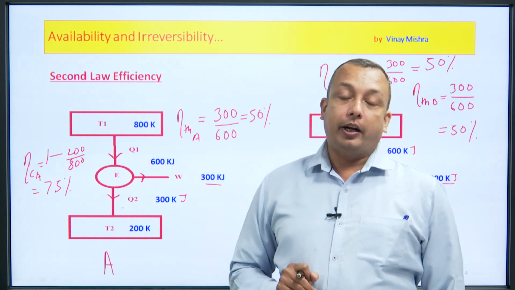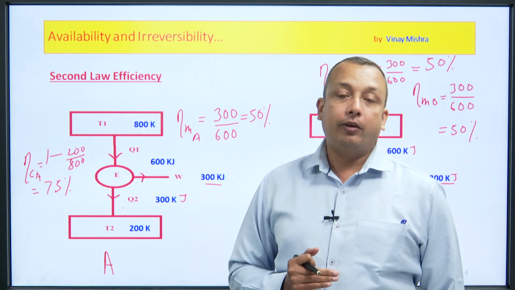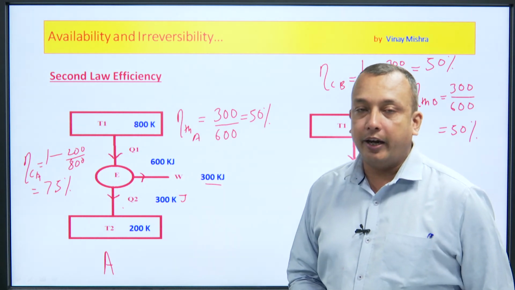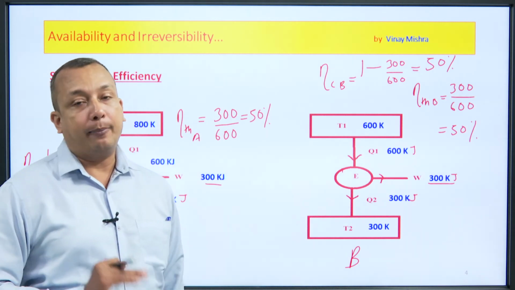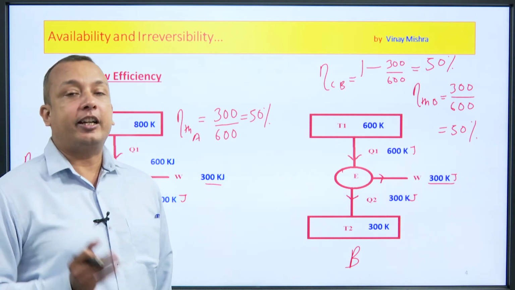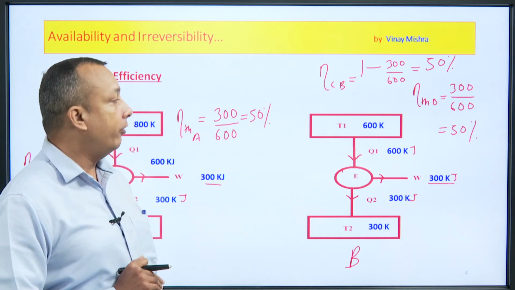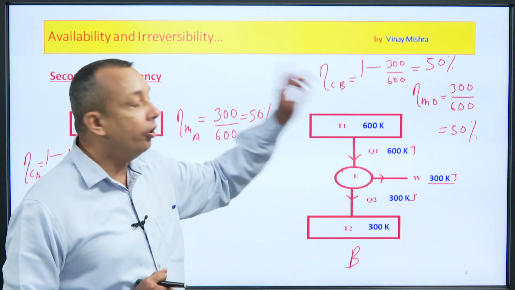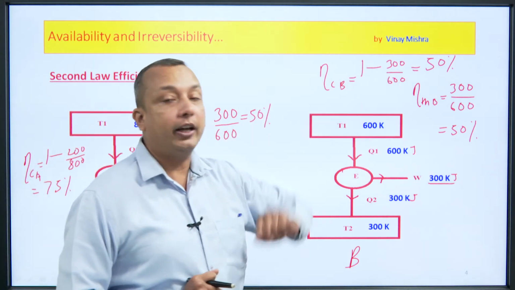But if we talk about the maximum performance of A, it will come around 75%. And for B, the maximum performance up to which it can perform very well must be equal to its Carnot cycle efficiency, as we discussed in an earlier lecture, that is 1 minus T2 upon T1 for the given temperature limits, which is coming around 50%.